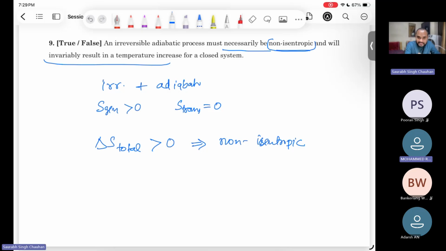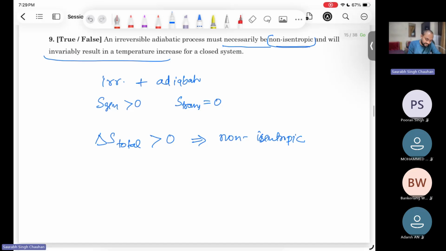So when we are shaking the bottle, basically we are providing some energy in the form of work, and that energy is being dissipated in the form of heat. That heat cannot go outside the system because the system is adiabatic. Since work is continuously being converted into heat, the temperature will increase.